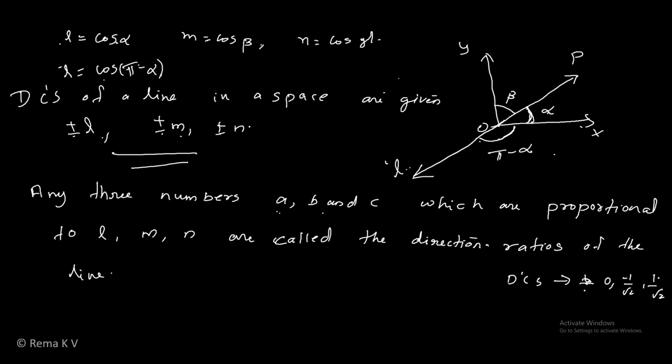I will write one direction ratio here: 0, minus 2 by root 2, 2 by root 2. This is one direction ratio of the line. We can write another one: 0, minus 3 by root 2, 3 by root 2. This also is proportional to the direction cosines.